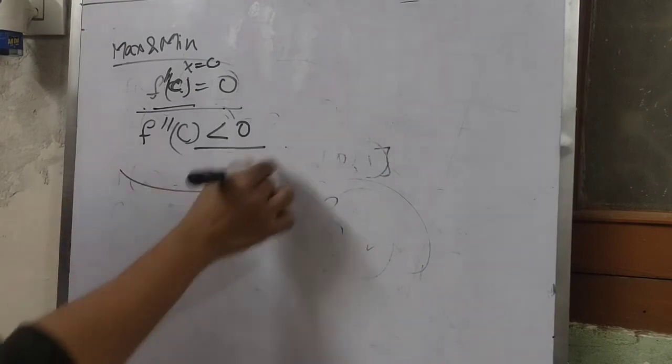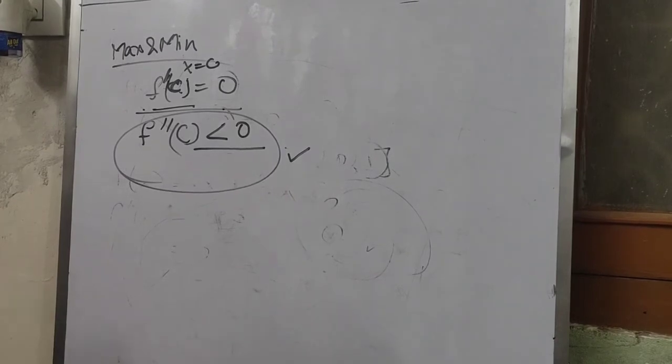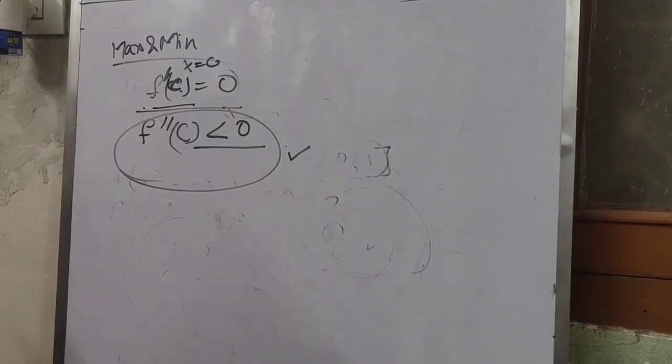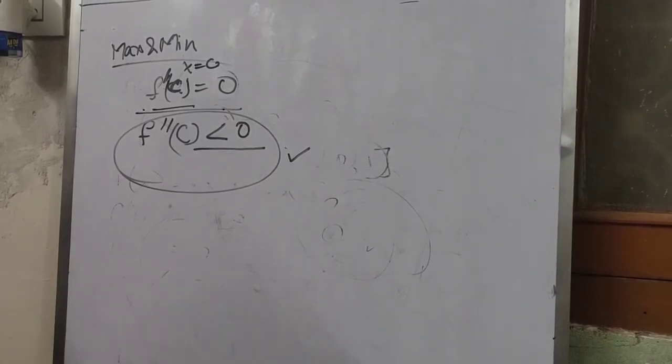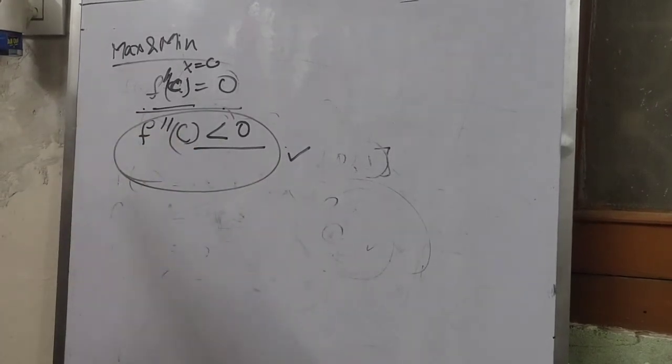I am not saying my function is increasing, decreasing, or heading towards local maxima or local minima. No, I am saying that the value is less than 0, so I will get a local maximum value for f.